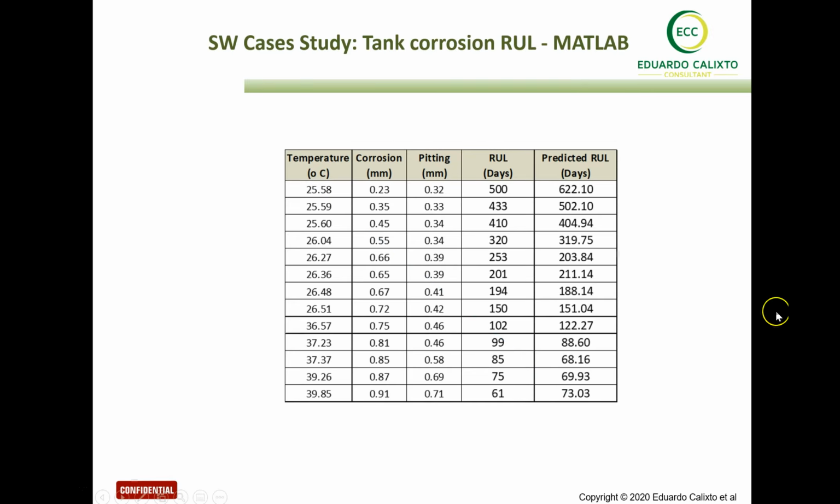So in the end, we have different independent variables. We are able to identify the one that has more influence, that is more important, more correlated with remaining useful life, and then of course based on it, we have a regression model that is able to predict the remaining useful life based on the corrosion thickness.